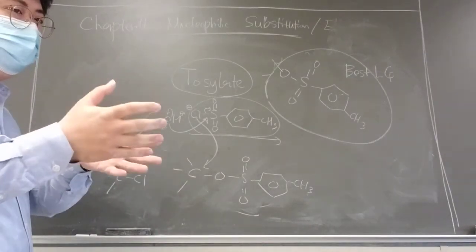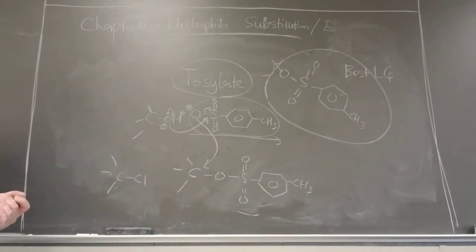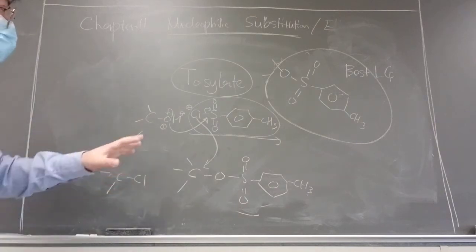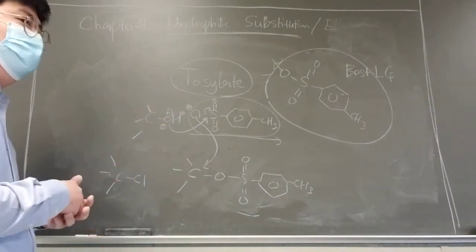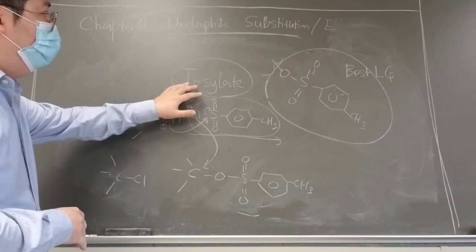If it already has a good leaving group, you don't have to do it. But in case you don't have a really good leaving group, for the SN2 reaction you can do those previous alternate ways to replace the not so good leaving group with a better one. And tosylate is the best one.